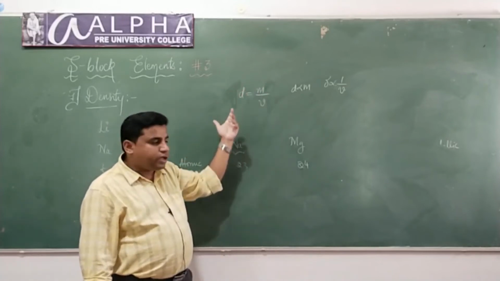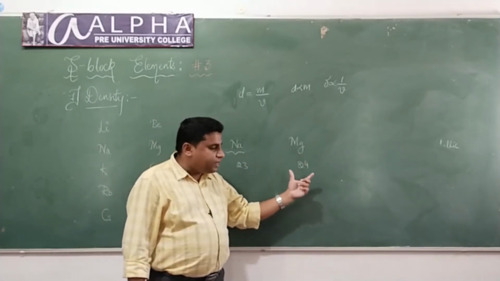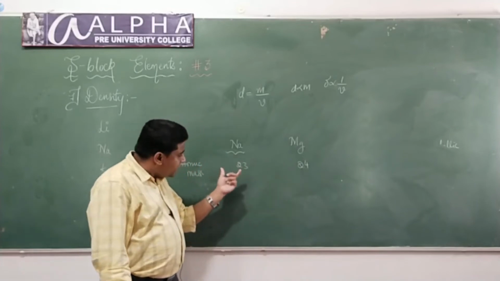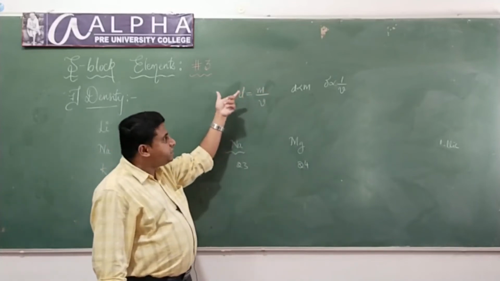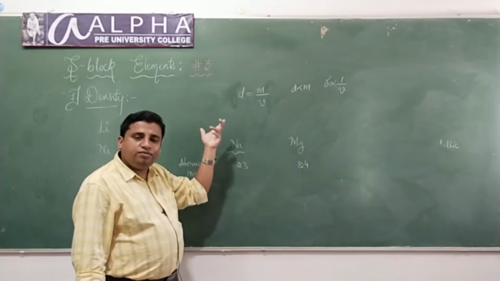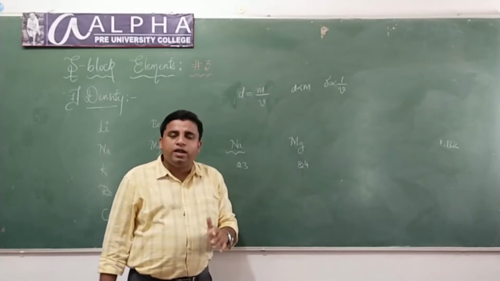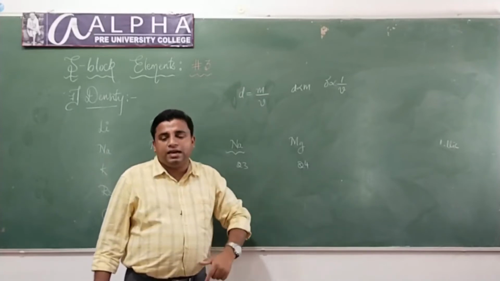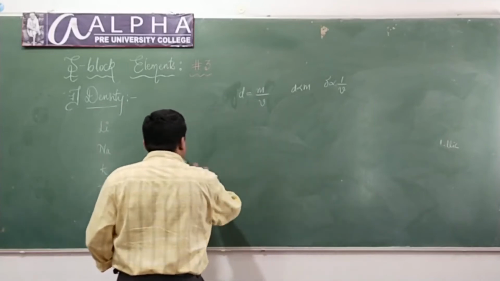Is that simple? Once again, I repeat, alkaline earth metals have more atomic mass than alkali metals. As the mass increases, density increases. Therefore the conclusion is alkaline earth metals have more density than alkali metals, isn't it? So can I conclude here?